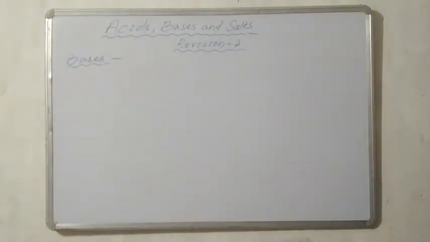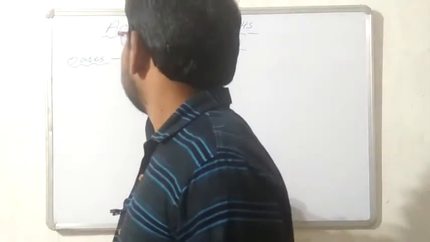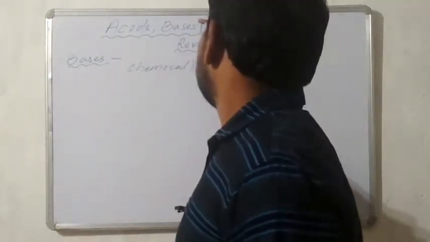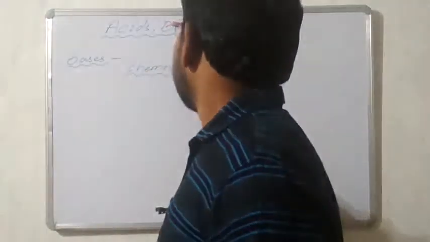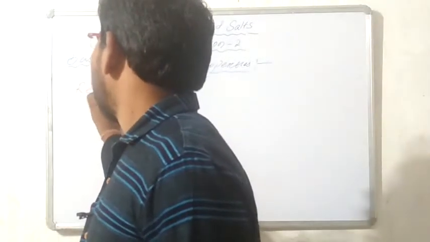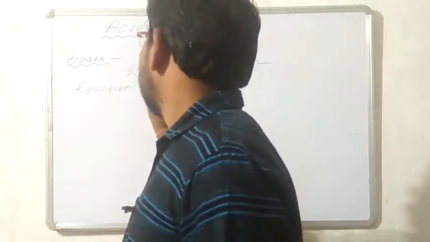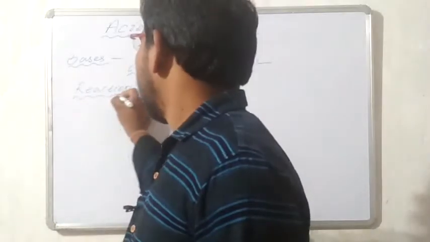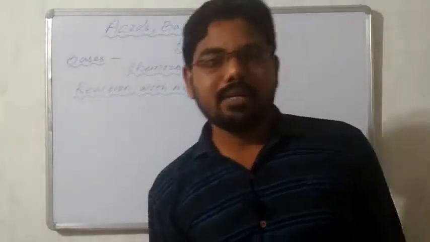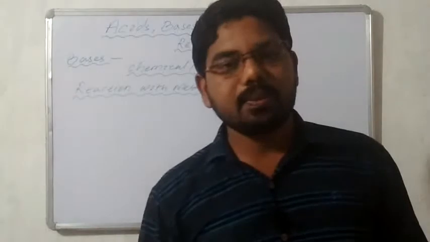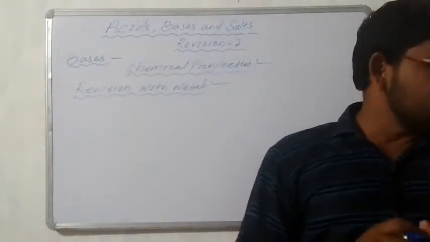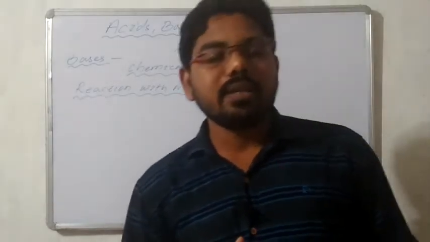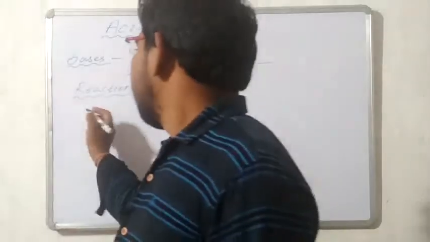First chemical property: reaction with metals. What happens when bases react with metals? Generally, when bases react with metals, they produce salt and evolution of hydrogen gas. What is produced? Salt and hydrogen gas.